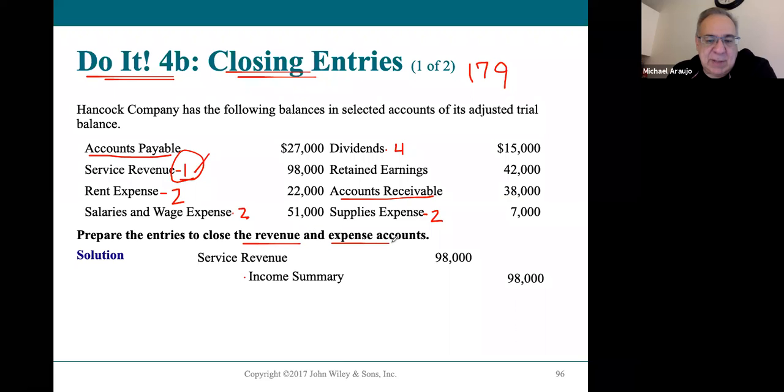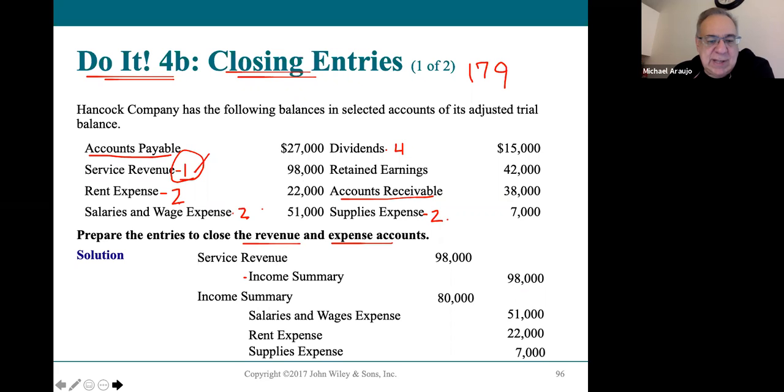The second step is to close all the expense accounts, and we have 3 expense accounts to close. Each individual account needs to be zeroed out. The total amount of the expenses is going to be put into income summary on the debit side. In this case, we have 3 expense accounts that need to be credited to close to 0. Each account is now 0. The total amount of expenses will be put into income summary.